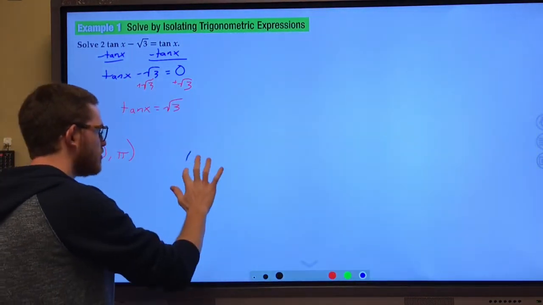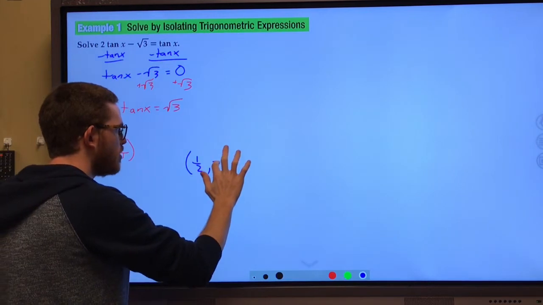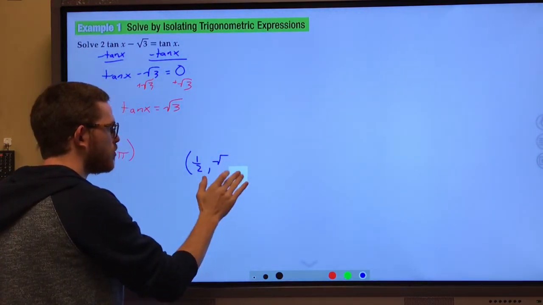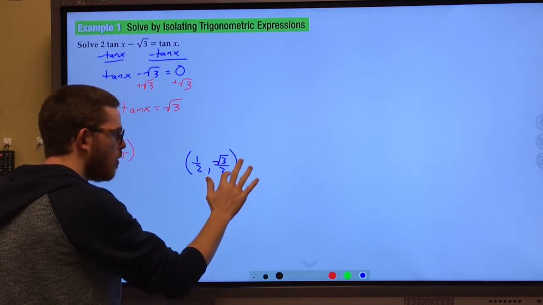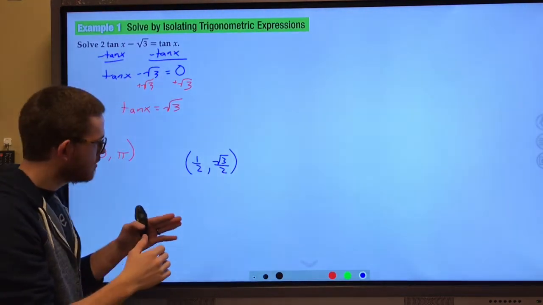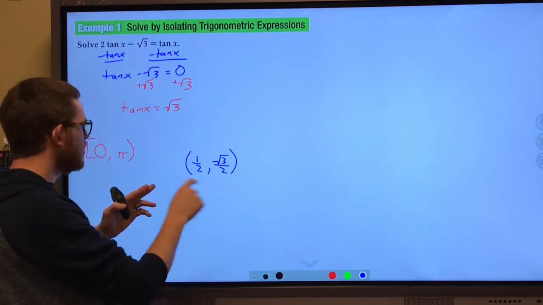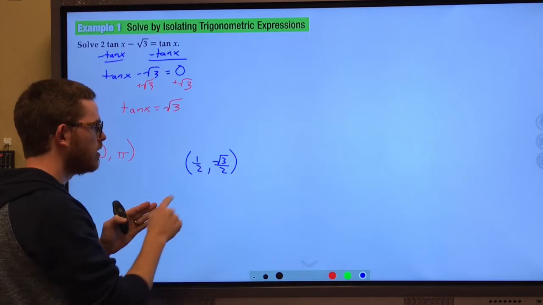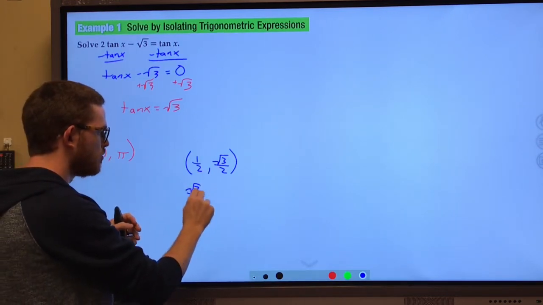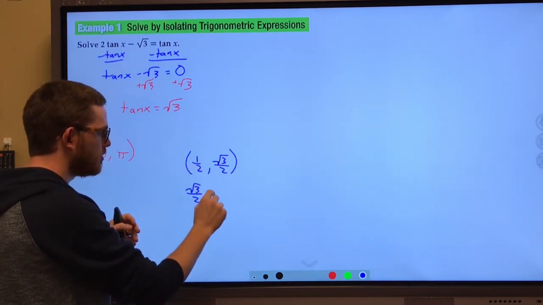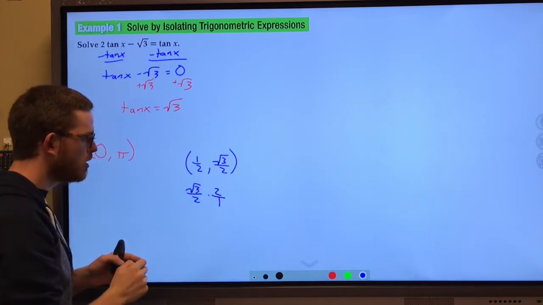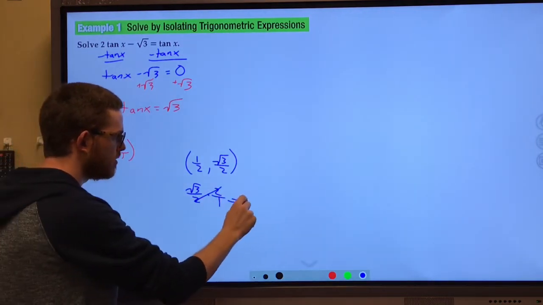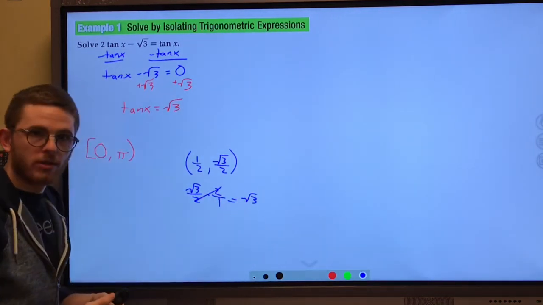Well, of course, it's going to have something to do with those 1/2, square root of 3 over 2 points. And so if we take tangent as sine over cosine, square root of 3 over 2 times 2 over 1, well, that gets us the square root of 3.